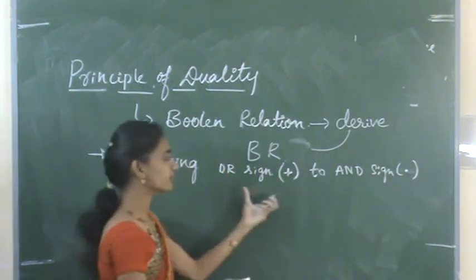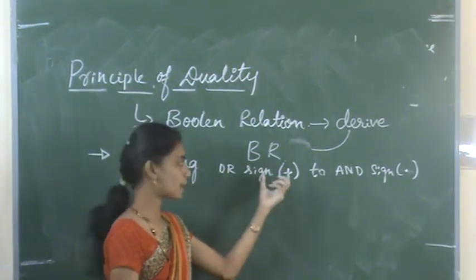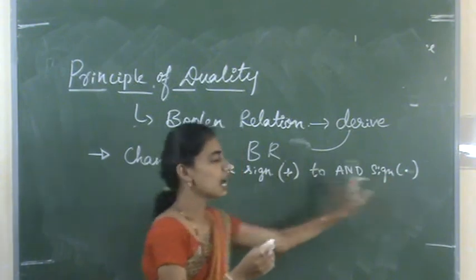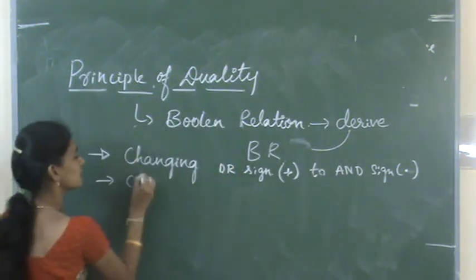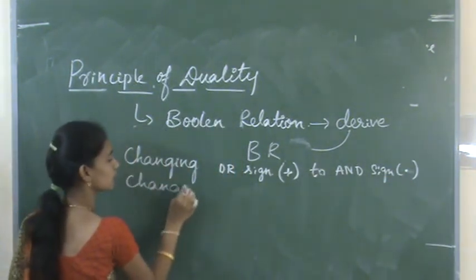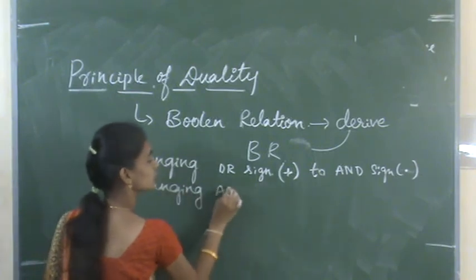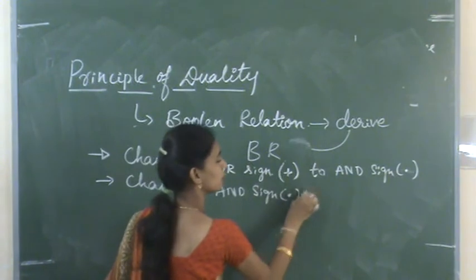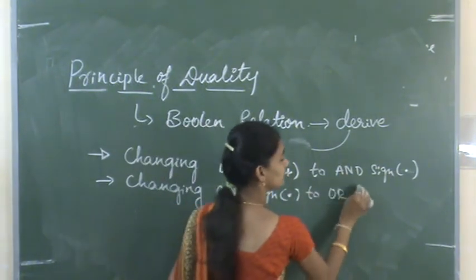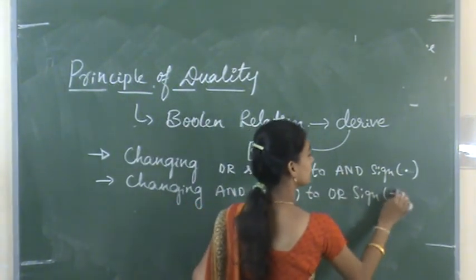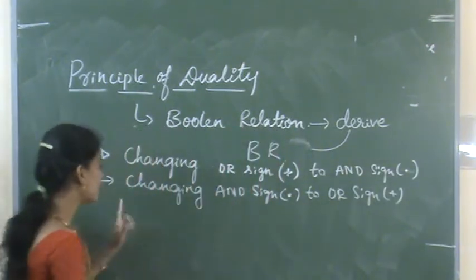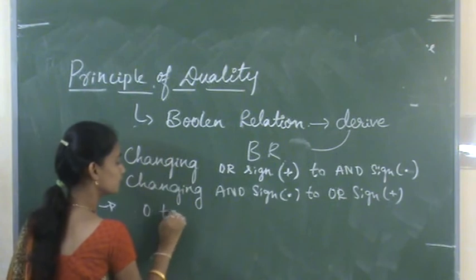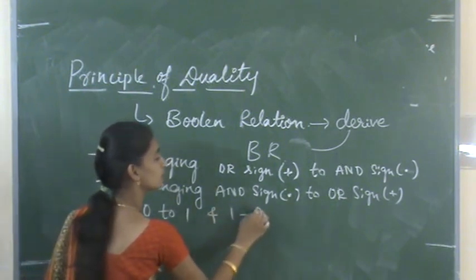So wherever the plus operator is there, we have to change that to dot. And next is changing the AND sign to the OR sign, that is plus. And by replacing 0 with 1 and 1 with 0.